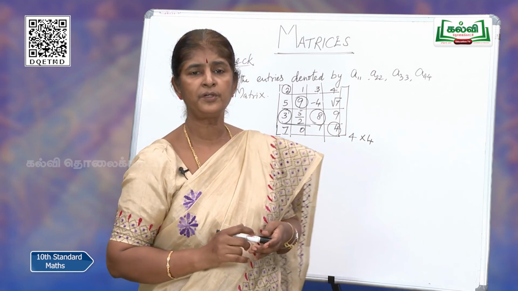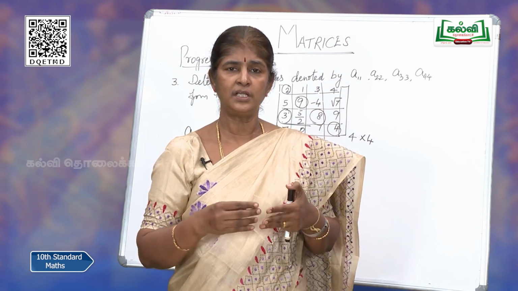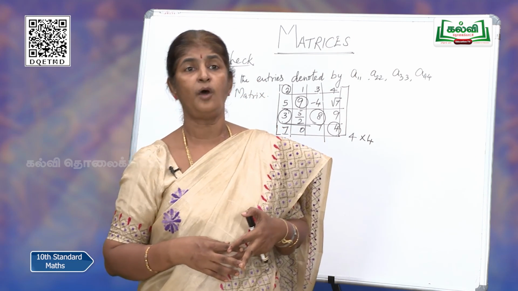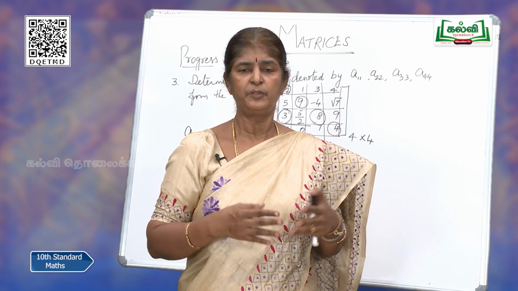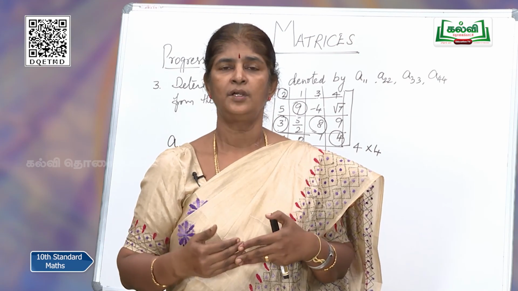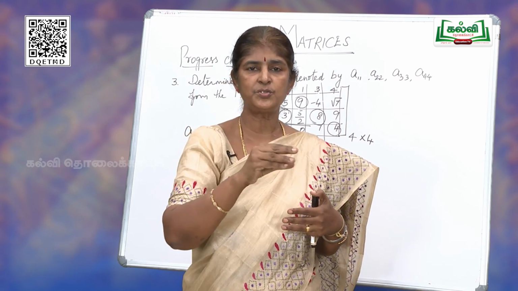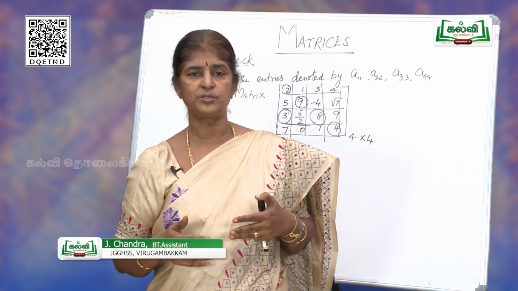So far we have seen what a matrix is and what the order of a matrix is, and how you can find out the order of the matrix. Before that, what is a row and what is a column. And the next one is that we can locate the element, that is, in which row and in which column it is.